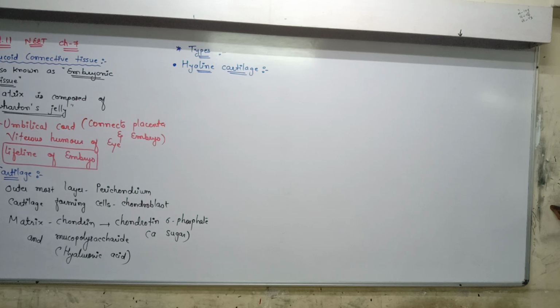So these yellow elastic fibers give elasticity as well as mobility to the cartilage or to the part of the body. So here the two types of tissues are there, white fibrous cartilage and yellow elastic cartilage. Fine. So let us discuss this in detail first.